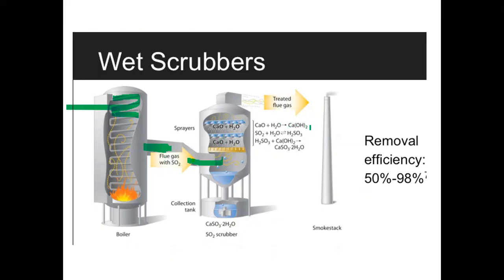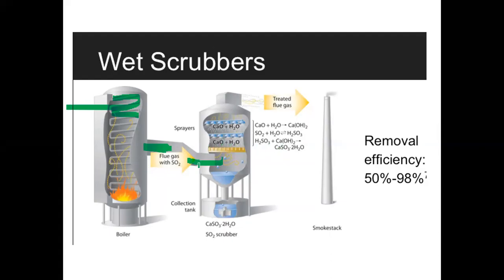Then calcium hydroxide slurry flows down from the top of the scrubber vessel. They are sprayed, and while the scrubber liquid goes down and the flue gas goes up, they contact each other. To improve the contact process, there will be trays or packing material inside the absorption column.